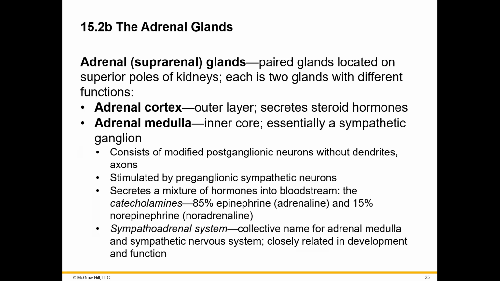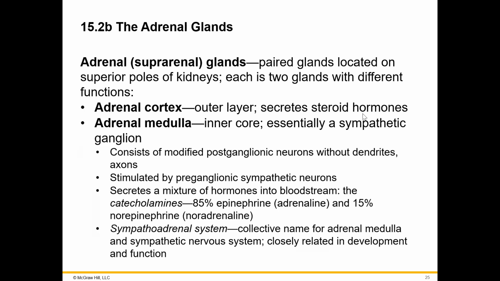But where do the epinephrine and norepinephrine come from? They come from the chromaffin cells in your adrenal medulla. That is where they say adrenaline comes from, from that inner adrenal medulla. This one in the core, they are the ones who secrete. So if you look at the slide, the outer layer secretes steroid hormones.